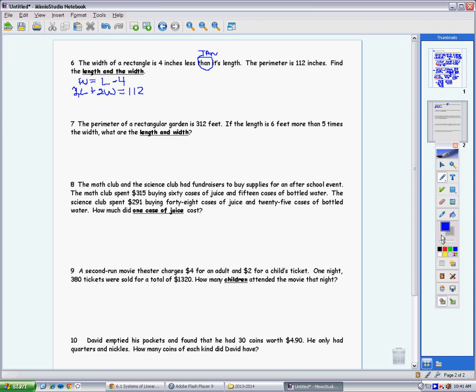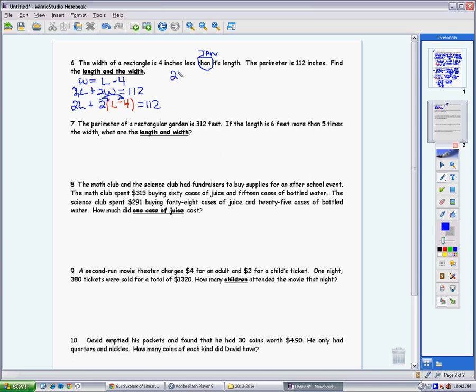So in this case we're going to use substitution because W is already solved for. So I have 2 lengths plus 2, and here's where I'm going to substitute in. Instead of W, I'm going to write L minus 4. Okay, so there's my substitution part, and that's going to equal 112. Okay, from this point we're going to need to distribute the 2 to the L and the negative 4.